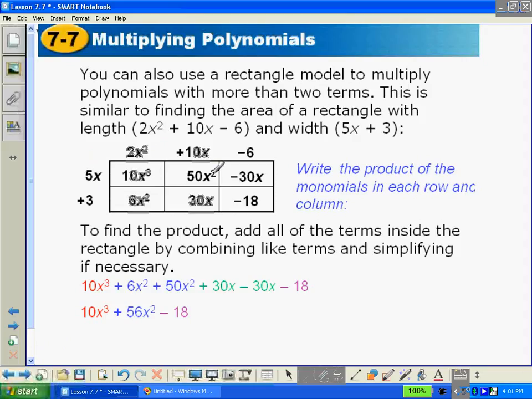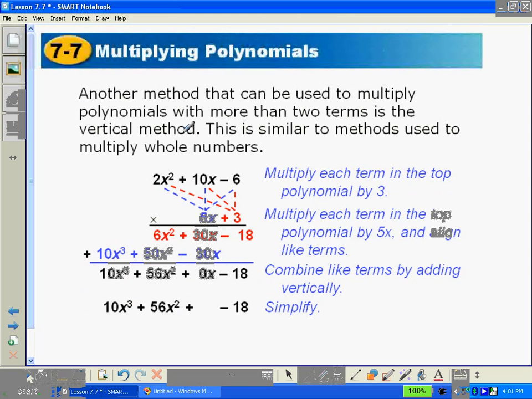And then the vertical method, it's basically just like you do when you multiply long numbers that you learned in, I don't know, 3rd grade. You multiply one term by all of the terms, then you shift over one space and multiply the other term by all of the terms and add them together. So we're going to do an example with both of these, rectangle and vertical method, and then there's the horizontal method, and you can choose which one you like best. Let's start with the rectangle method.